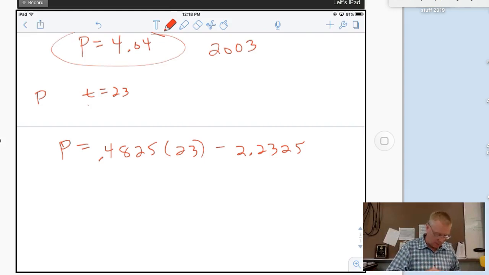And when I punch that into my calculator, 0.4825 times 23 is 11.0975 minus 2.2325. I get my answer of 8.86. And that's it. That's it for today.